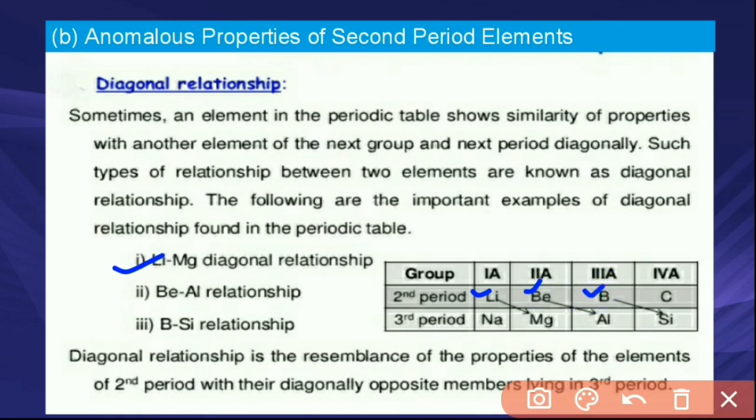So the diagonal relationship is the resemblance of the properties of the element of the second period with its diagonally opposite member lying in the third period. So almost all the chemical and physical properties are generally similar in this diagonal relationship of the elements.